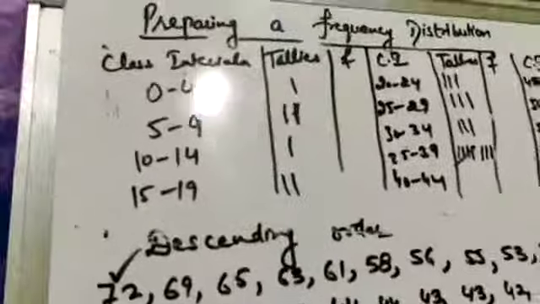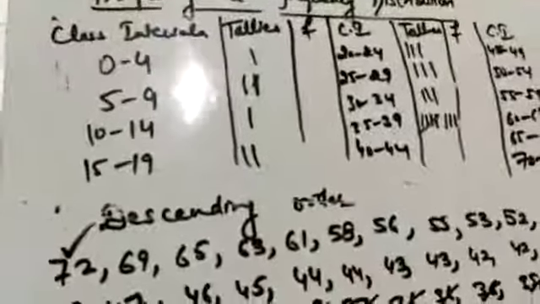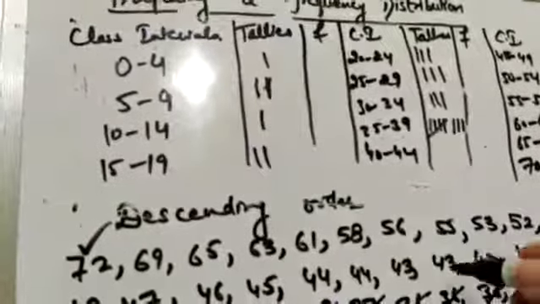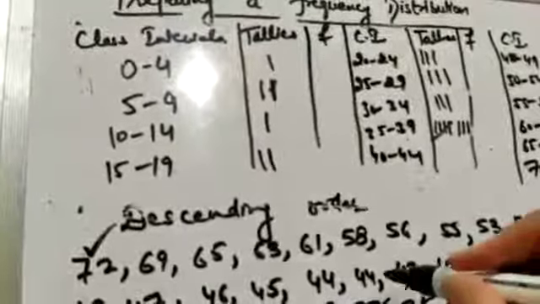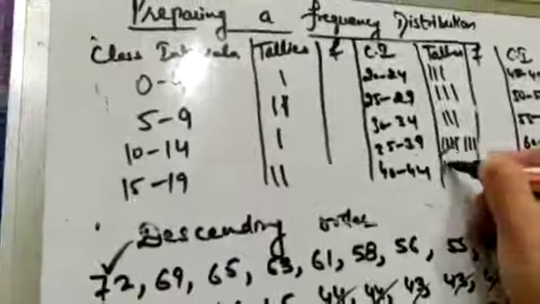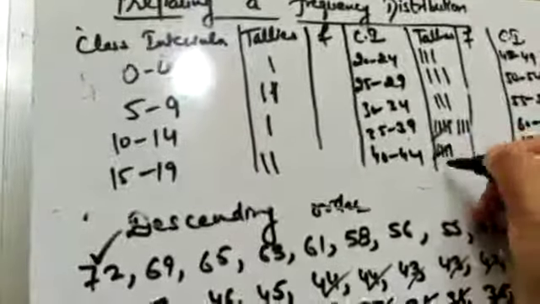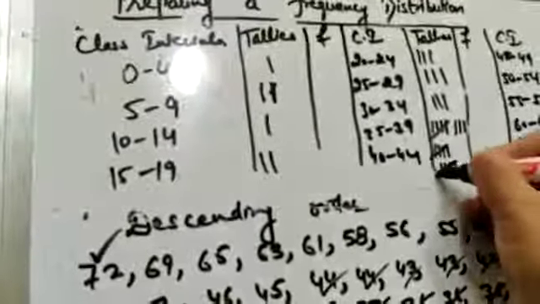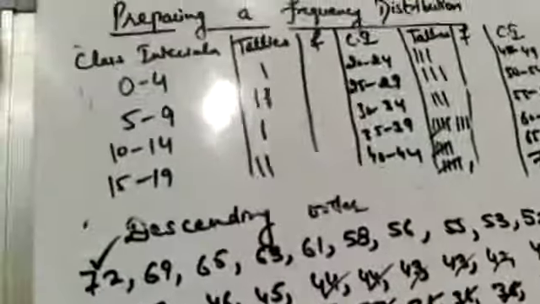Our next one is 40 to 44. Let's calculate 1, 2, 3, 4, 5, 6, 7, 8, 9, 10, 11. So we'll mark here 11. Next is 45 to 49.